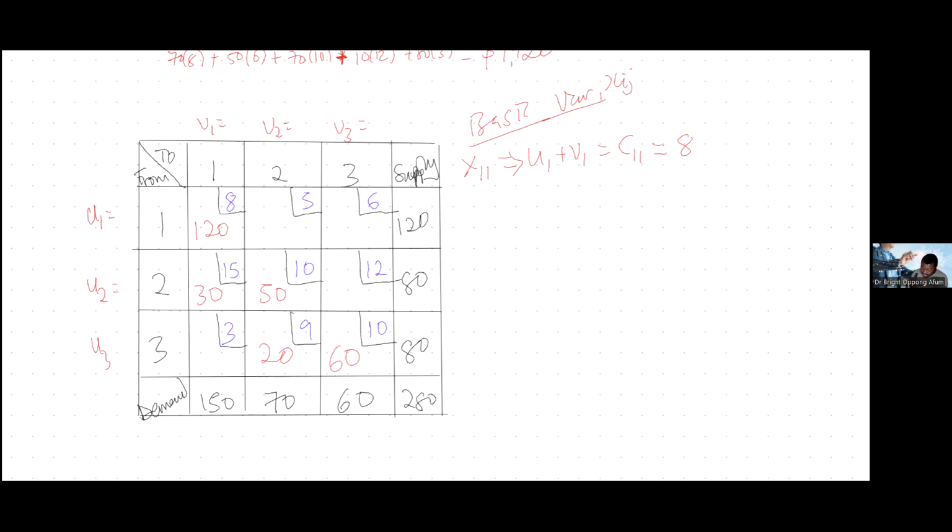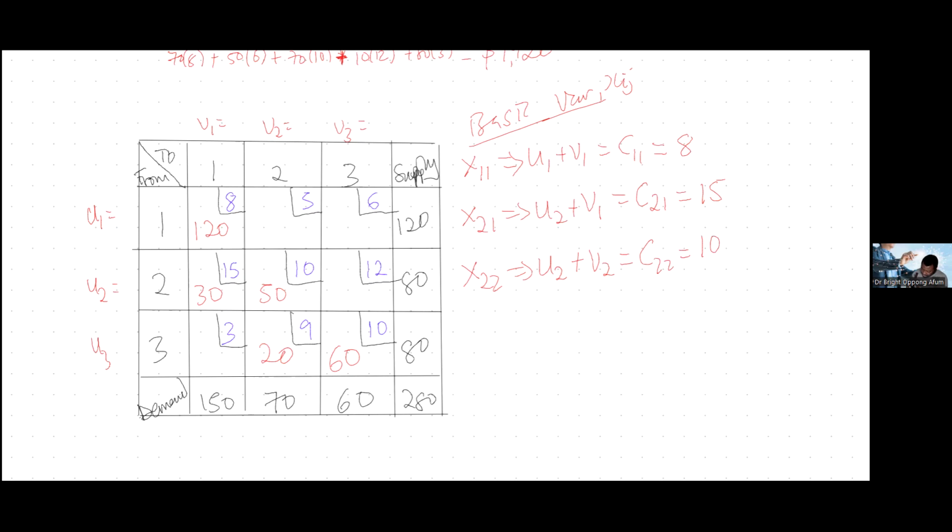The next occupied cell is X21. So X21 will be U2 plus V1, and it's equal to C21, and C21 is actually 15. Then the next occupied cell is X22, and it's given by U2 plus V2 is equal to C22, and that is 10.